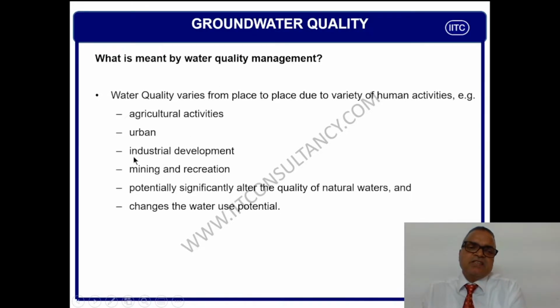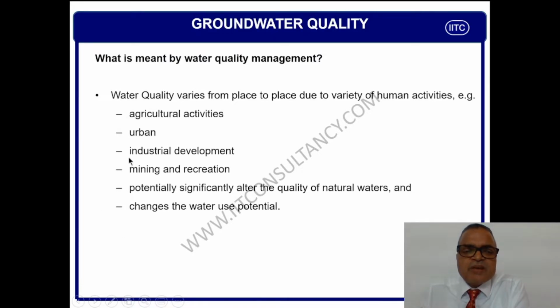Industry generates waste effluent. This effluent is treated, and after that it is discharged to the drainage or in a natural way. There is also a possibility that in the industrial area there are storage tanks of chemicals, of oil, of different kinds of hydrocarbons.